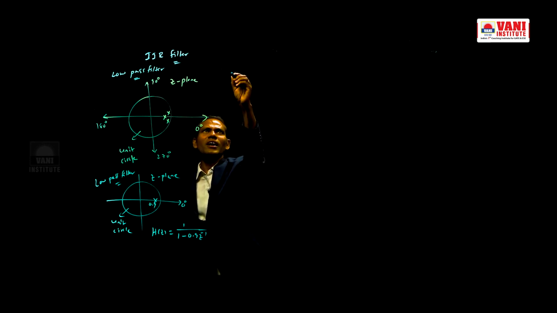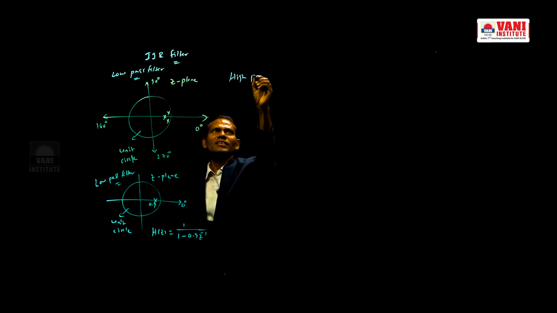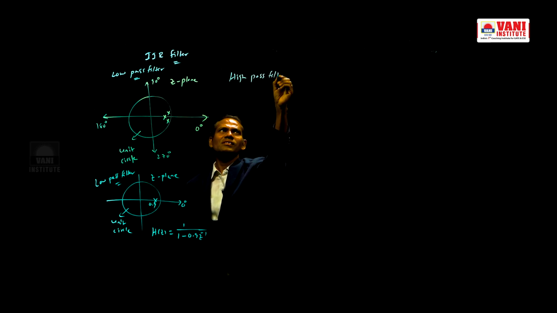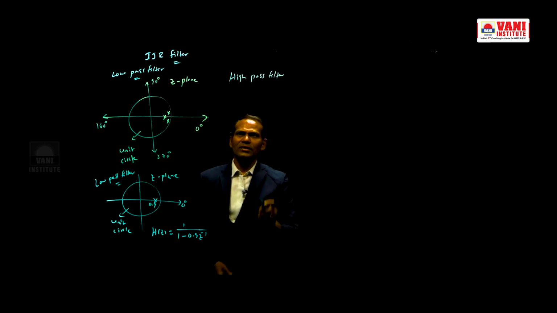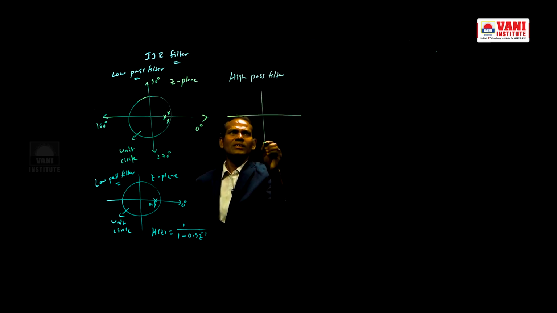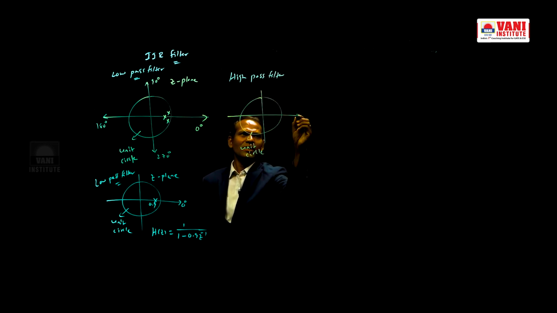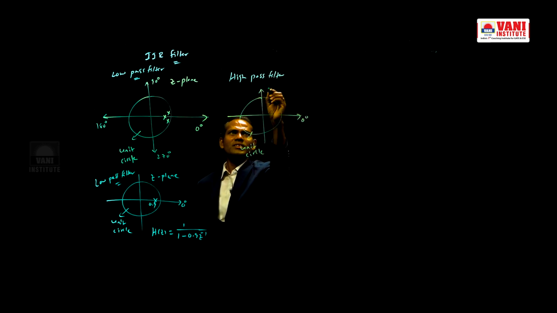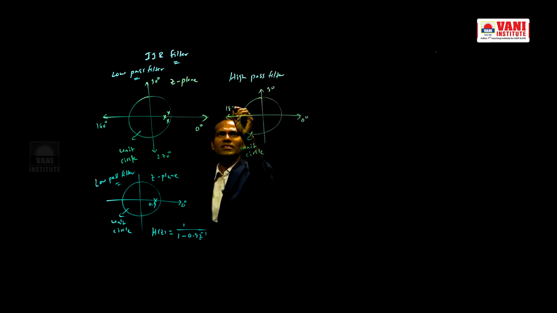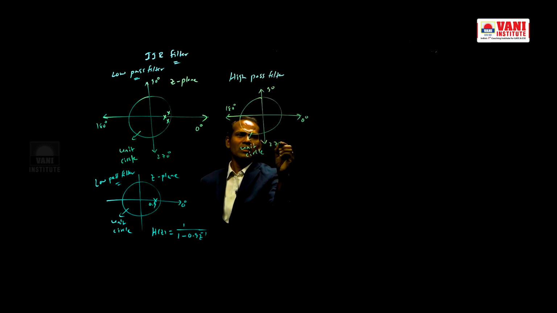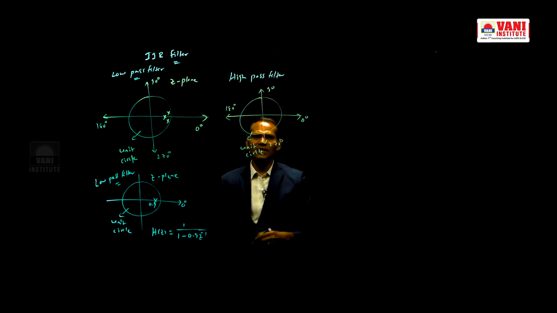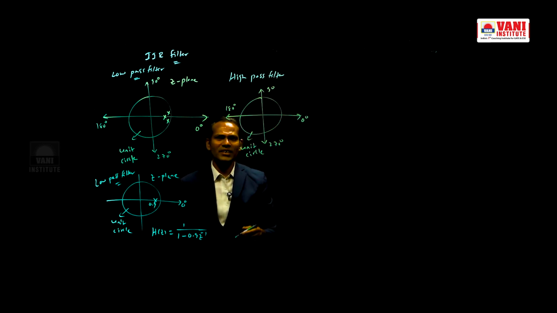Next I will discuss the high pass filter. Take a z plane and this one is the unit circle, and we know that this is the 0 degrees line, this one is 90 degrees, this one is 180 degrees. And the highest digital frequency is pi, pi means 180 degrees.